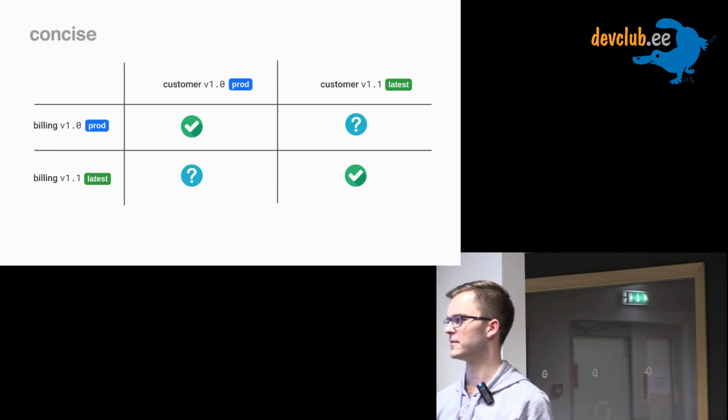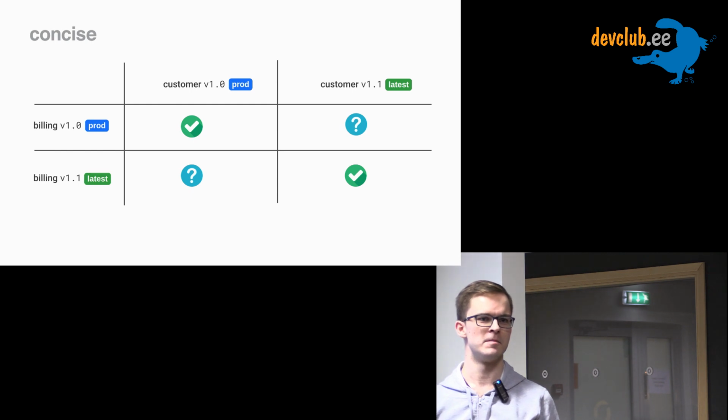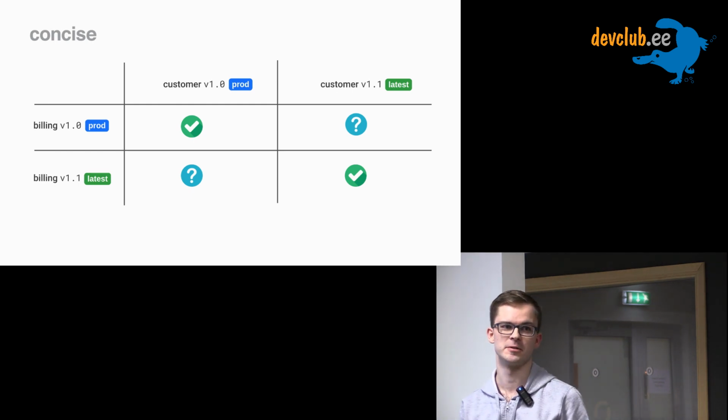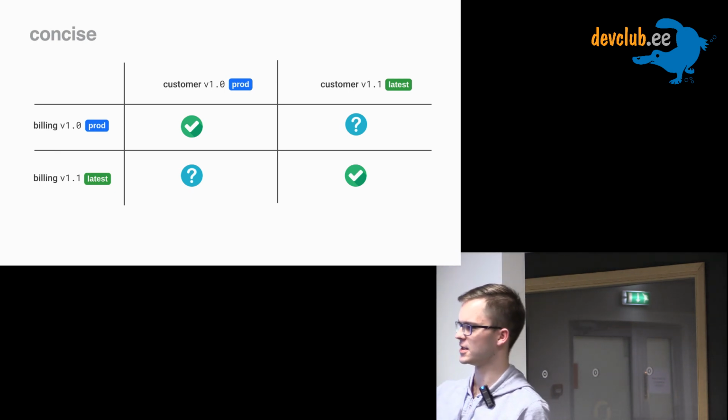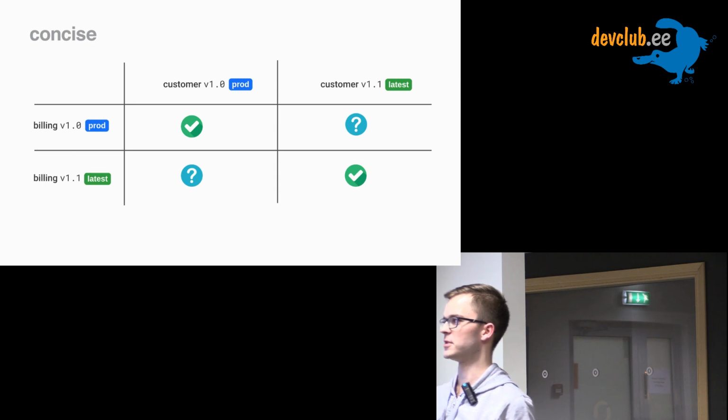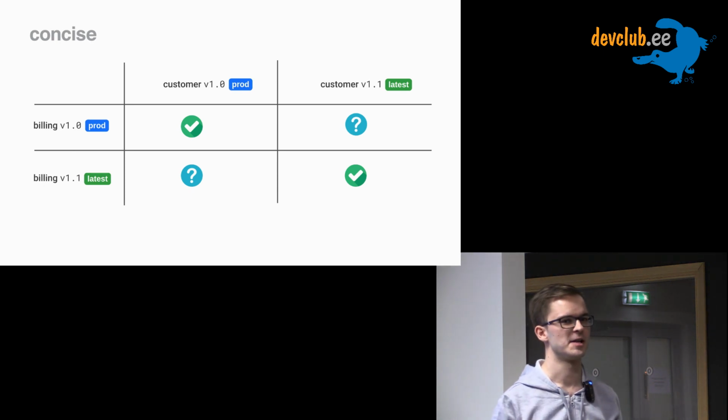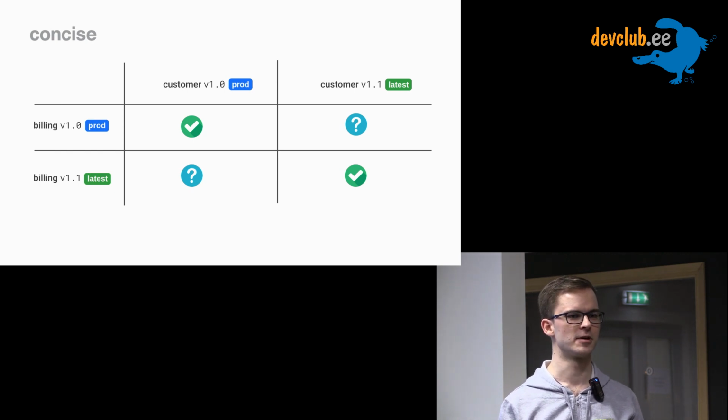So for example, if the billing team wanted to deploy their latest version 1.1 to production, they would perhaps look at this and see that there is no verification result with the customer service that is currently in production. So they don't know, are we safe to deploy our changes to production?